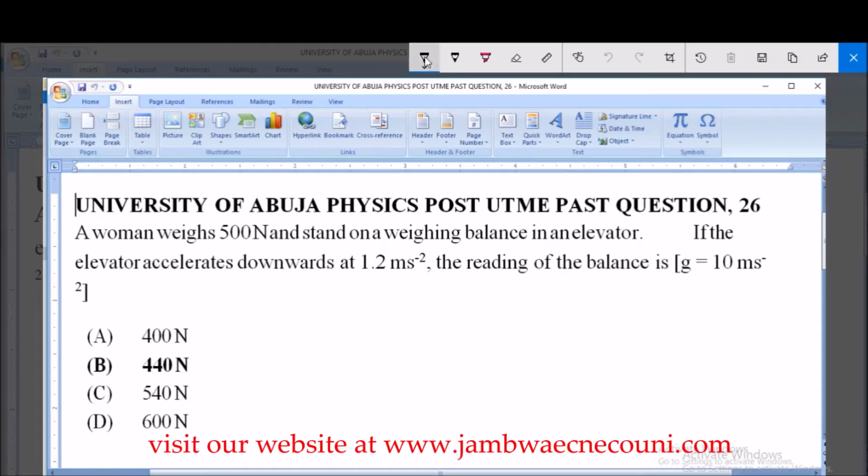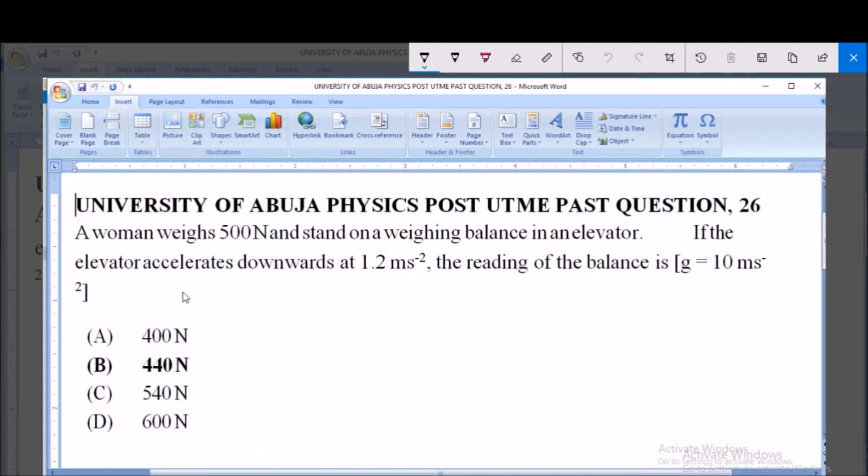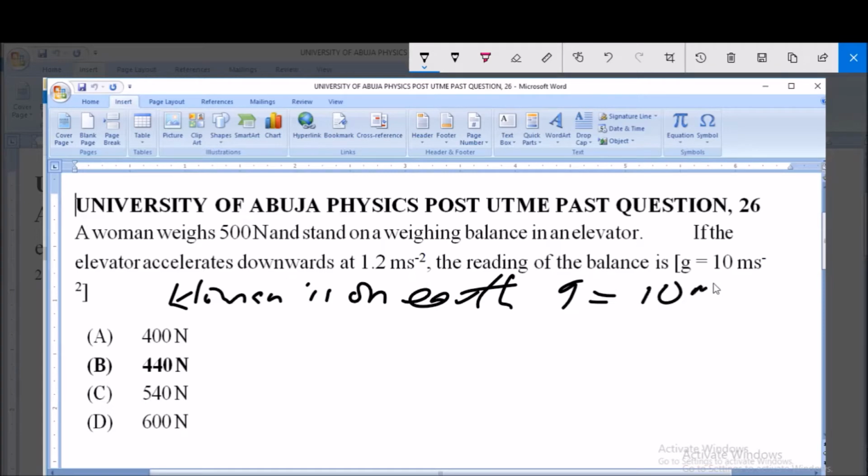It says a woman weighs 500 Newton. Now, the assumption in this particular question is that this woman is on Earth. Since the acceleration due to gravity g is equal to 10 meter per second squared, we have that weight is equal to mass times g.